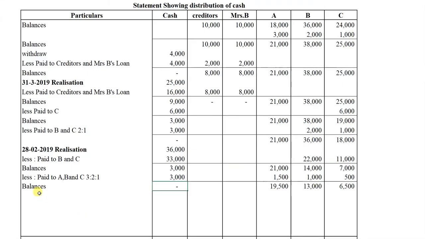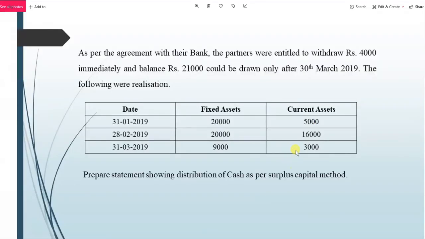So 31st March 2019 realization 12,000, 9,000 plus 3,000, 12,000. And look at the adjustment.